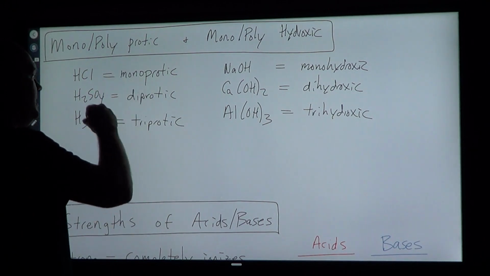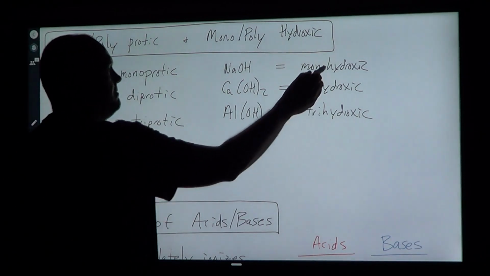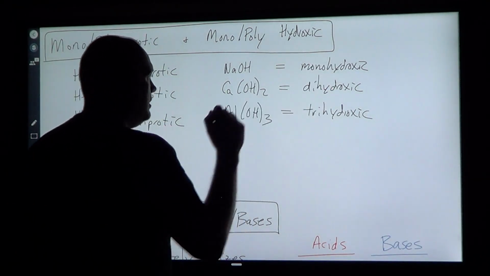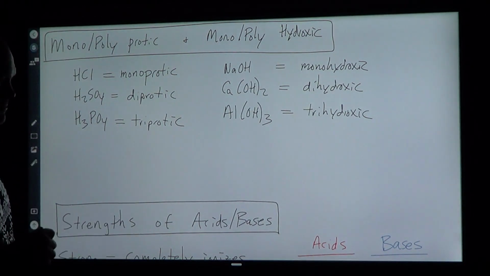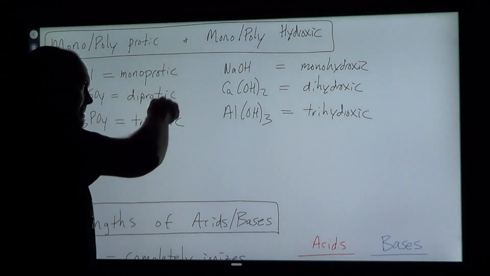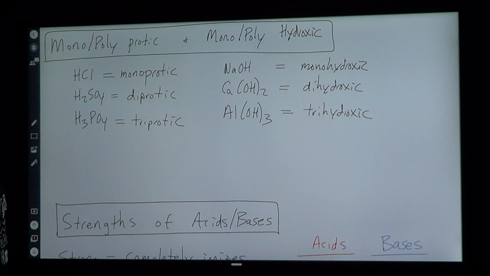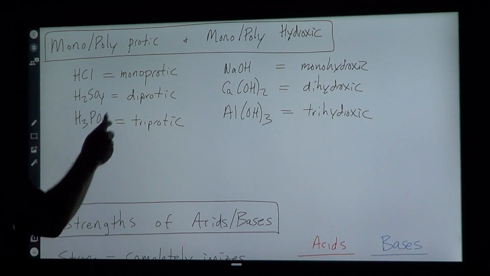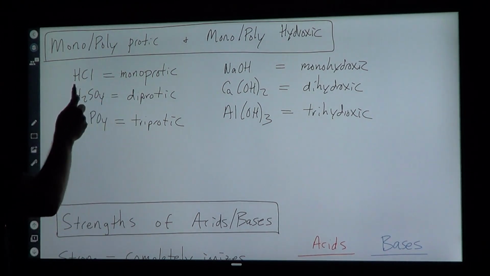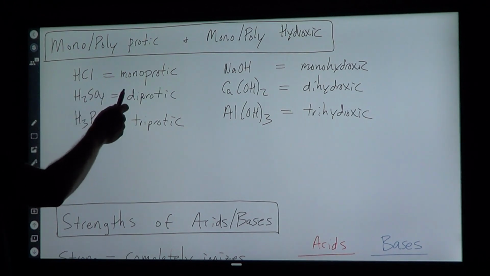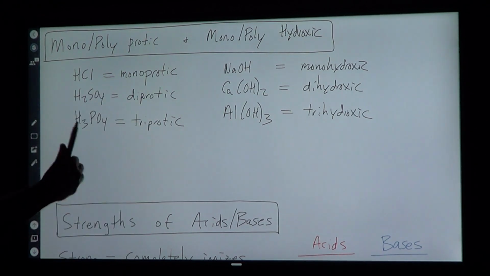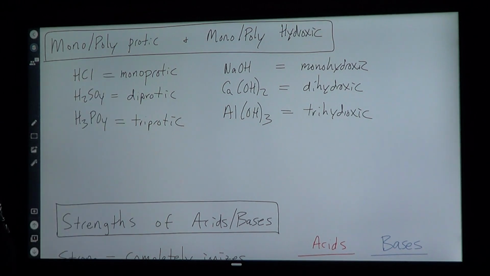The same reason why these are mono, di, tri is the same reason why these ones are mono, di, tri as well. And again, this idea really matters when we get into the math. Right now we're not doing the math. So you just have to make sure poly is anything with more than one. Okay? There's di, tri, tetra, penta. There's all kinds of different levels of polyprotic. We'll only go up to 3 in this class.